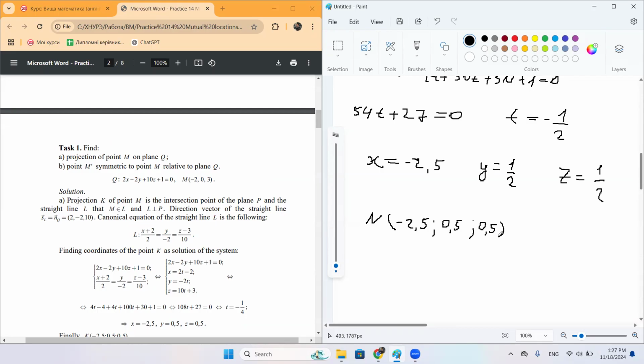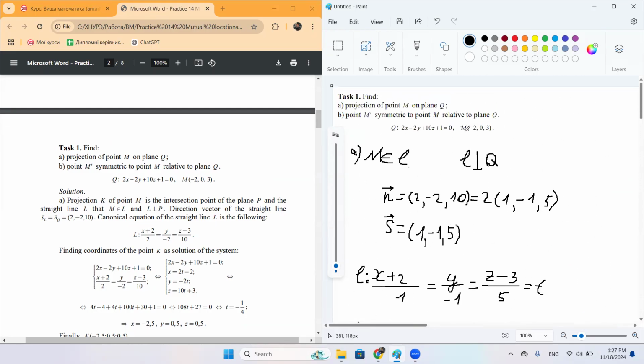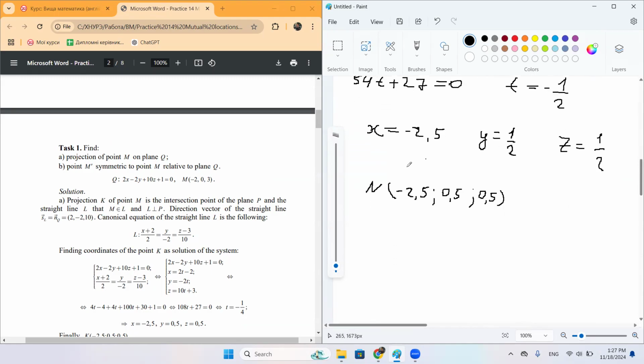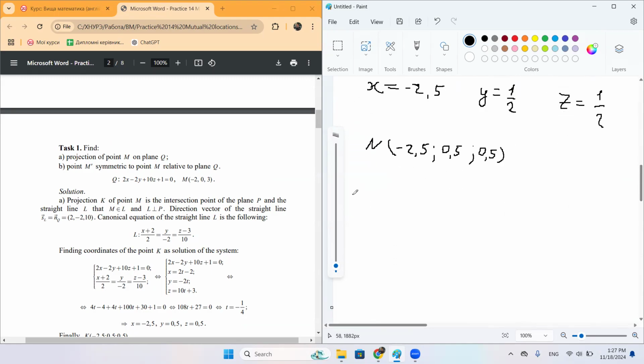So this is the projection of point M on the plane Q. And the next task is to find this symmetric, so point M prime that is symmetric to point N. So you saw the spoiler, but I guess you knew before how to find it. So how to find coordinates of M prime.